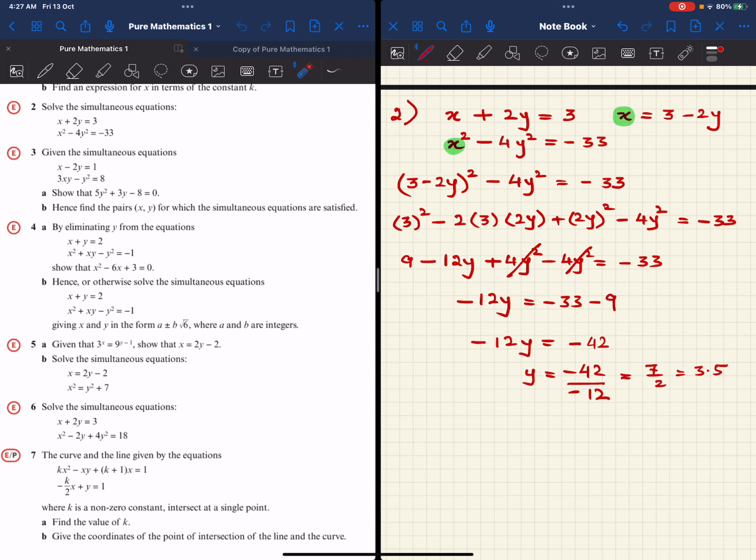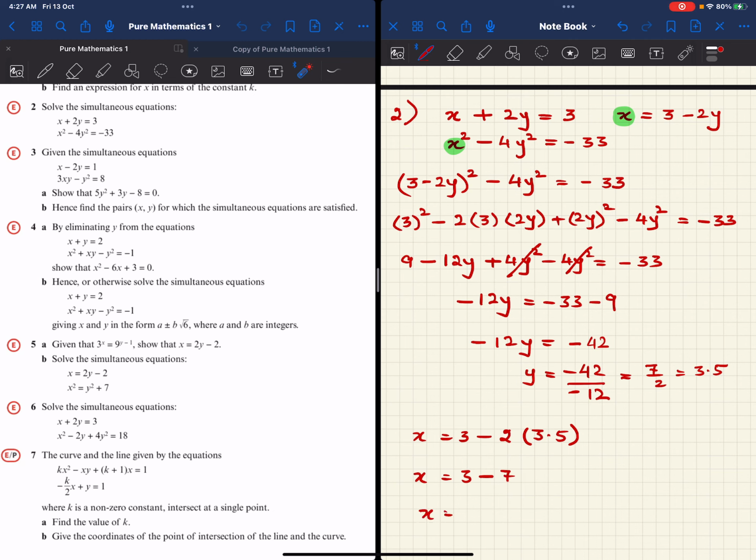So when I have the y value, I need to find the x value. We have our equation for x is equal to 3 minus 2y. So we can say x is equal to 3 minus 2 into the y value that we got, which is 3.5. And therefore, x is equal to 3 minus 2 into 3.5, which is 7.